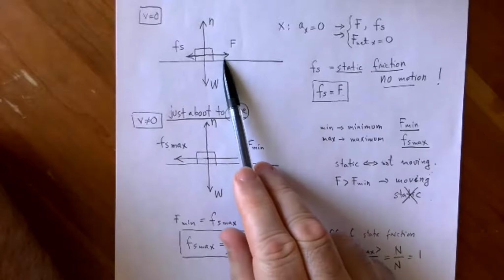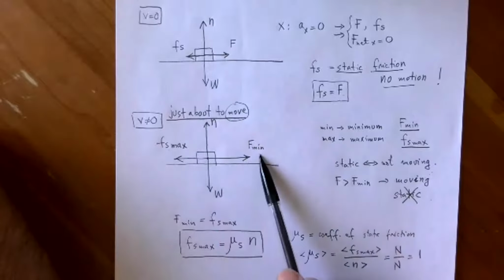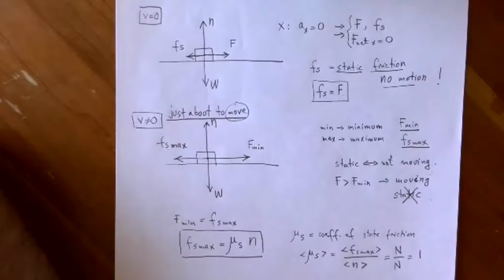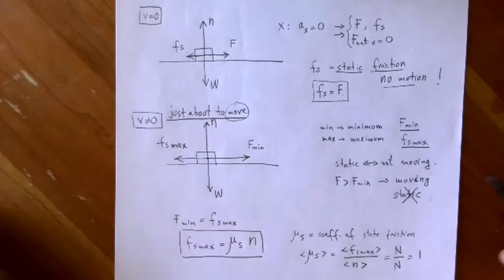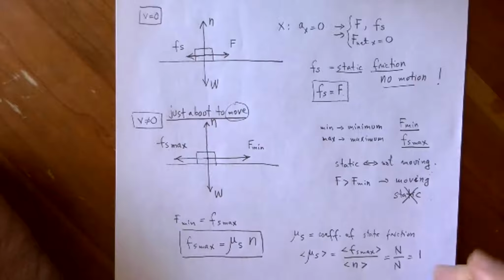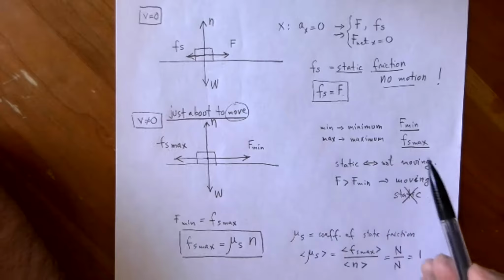Of course, if I apply something less, the object will not move. But if I keep increasing the force, eventually the object will start moving. So this force will be minimum. Anything below that will not do anything. On the other hand, the static friction has become maximum.